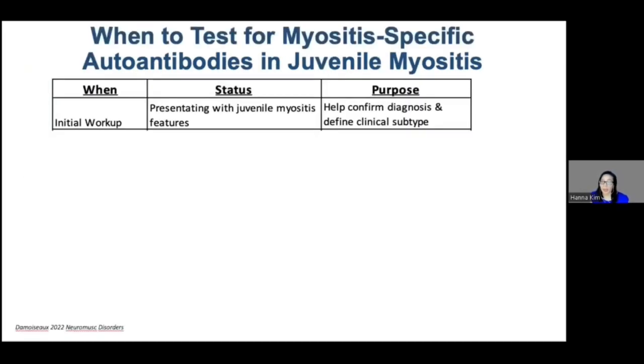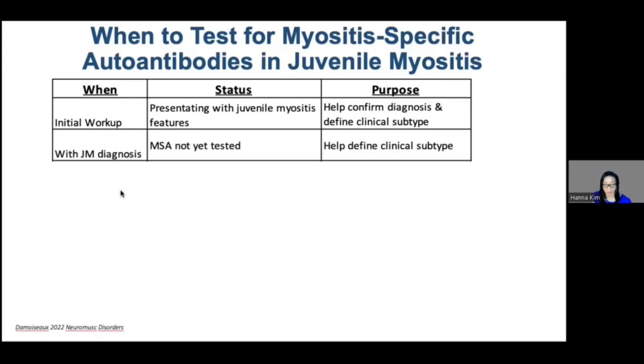So next, I wanted to review briefly what to think about when you're considering when to test for myositis-specific autoantibodies. We recommend testing for myositis-specific autoantibodies at initial workup. So when a patient is presenting with their initial juvenile myositis features and you're finalizing or trying to confirm the diagnosis, this testing will help confirm the diagnosis and also will give you more information about defining the specific clinical subtype within juvenile myositis.